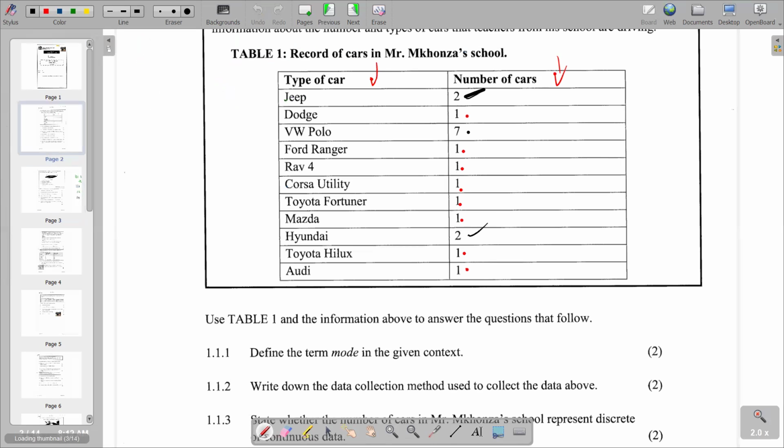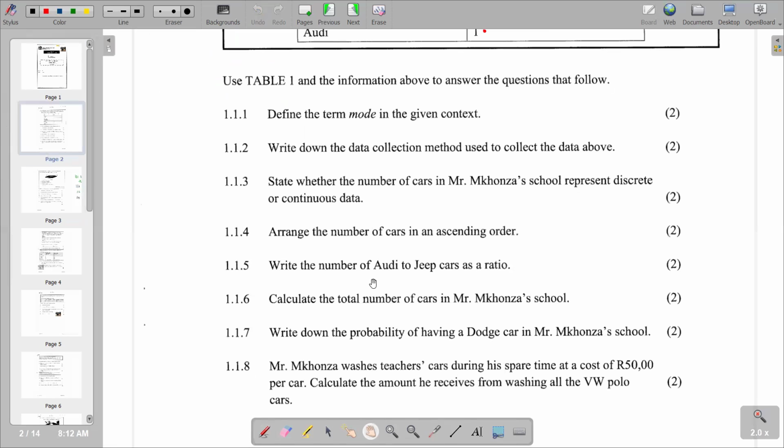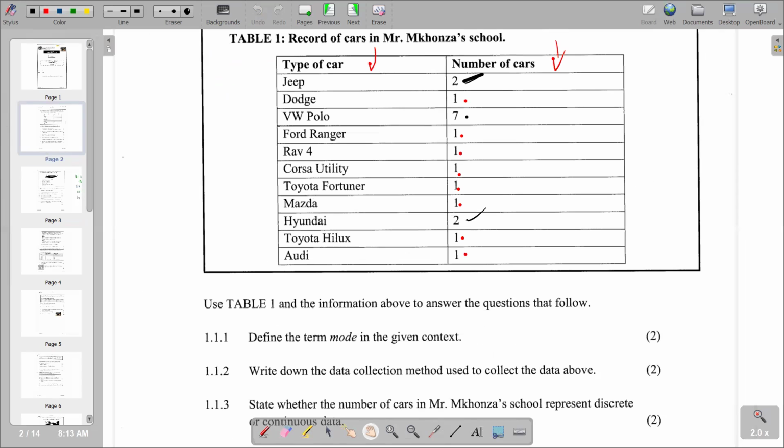So on the next question, it reads, write the number of OD to Jeep cars as a ratio. So we can see from the information that we are given, we can try to see where we have OD and where we have Jeep. So OD, we can see that we've got a 1, and then Jeep we've got a 2.